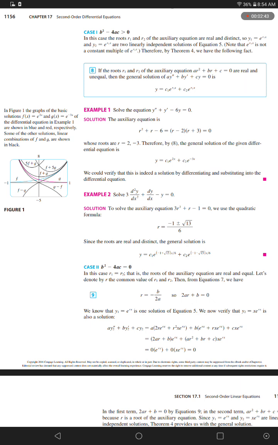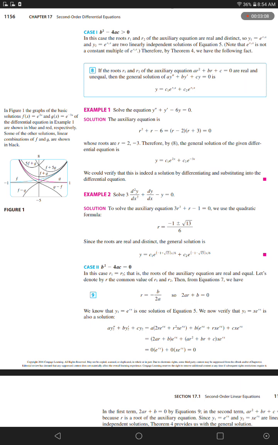Therefore, by equation 8, the general solution of the given differential equation is y equals c sub 1 times e to the power 2x plus c sub 2 times e to the power negative 3x. We could verify that this is indeed a solution by differentiating and substituting into the differential equation.